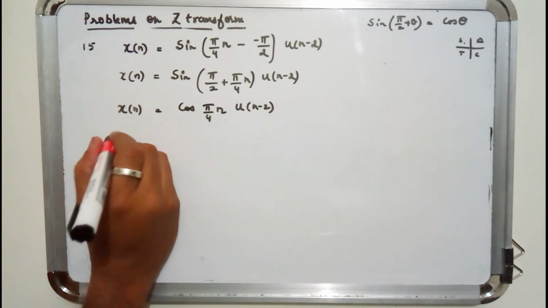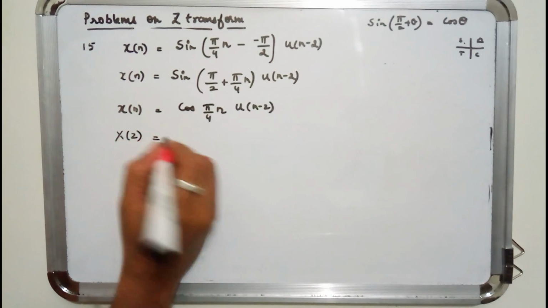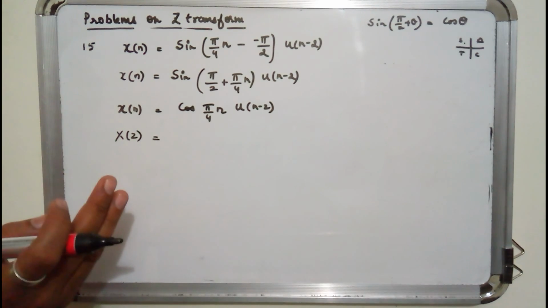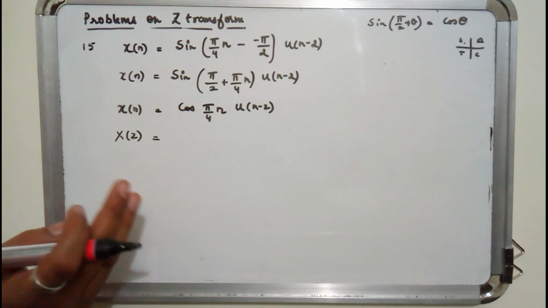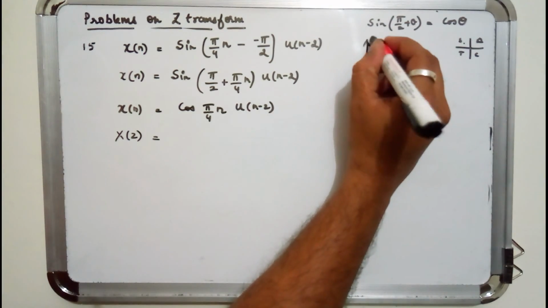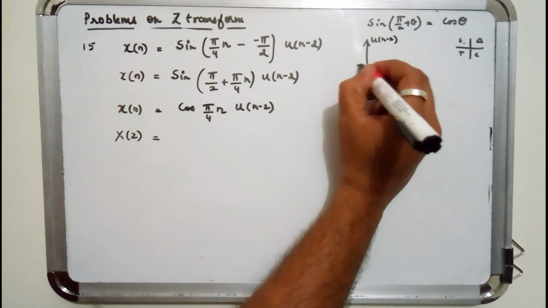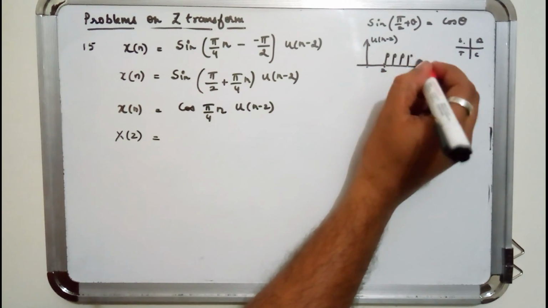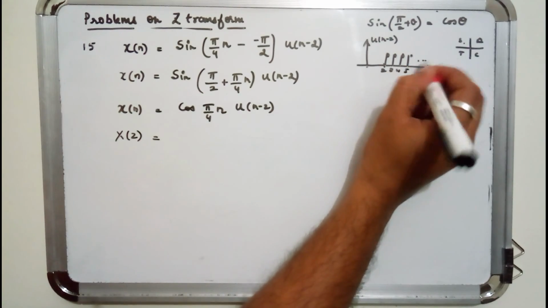Now if I want to find X(z), we need to know what u(n minus 2) is. By now you should know u(n minus 2) is shifting u(n) right by 2. So that means my u(n minus 2) will start from 2 and go till infinity: 3, 4, 5 and so on.